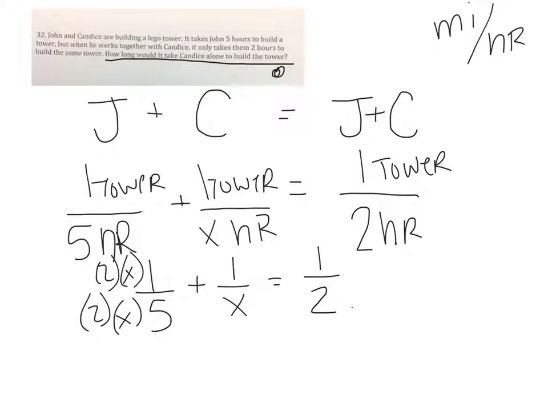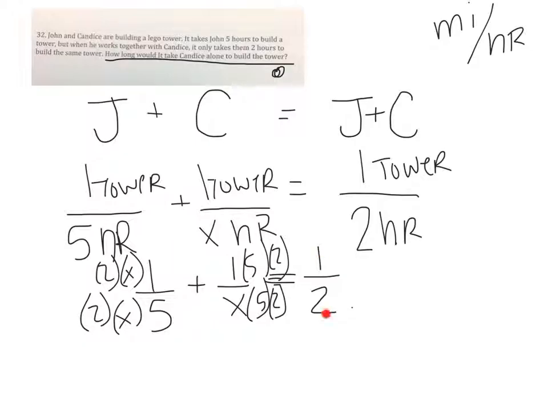In my second fraction right here, the 1 over X, I'm missing the 5, so I'm going to multiply by 5 on top and bottom. And I'm also missing the 2, so I'm going to multiply by 2 on top and bottom. Finally, it's important to remember, even the thing on the other side of the equal sign has to match the other.